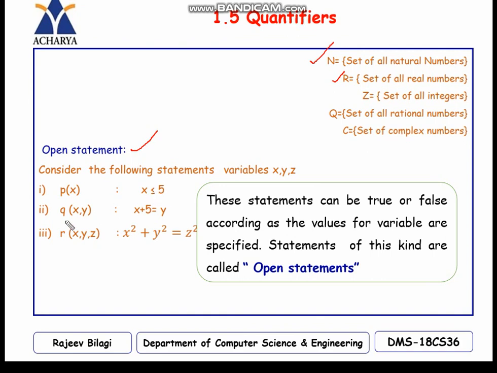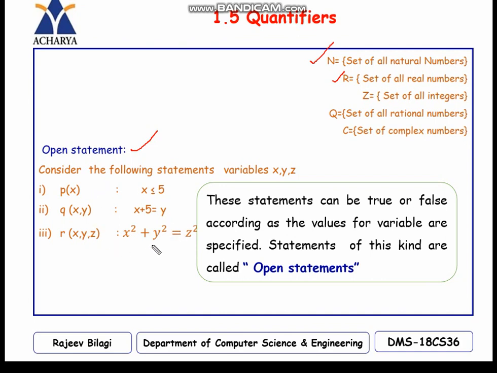Another one contains two different variables, q of x comma y, which is x plus 5 is equal to y. Then another one contains three different variables x, y, z, r of x, y, z, which is x square plus y square is equal to z square.